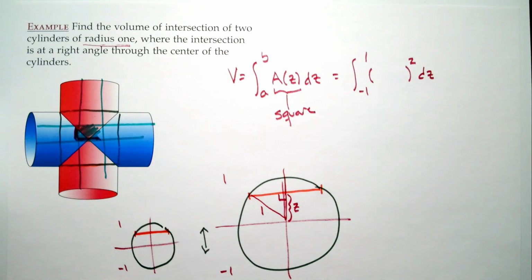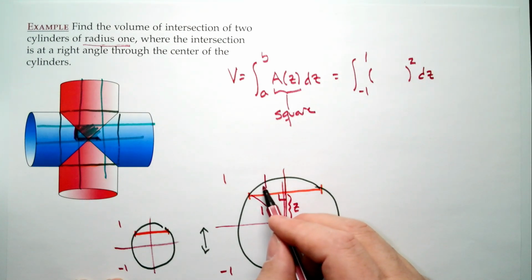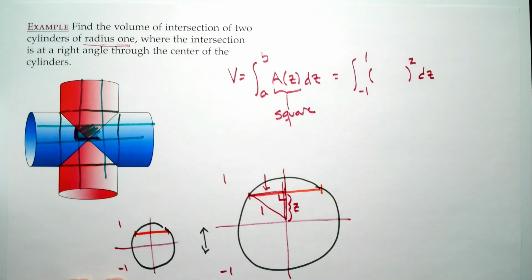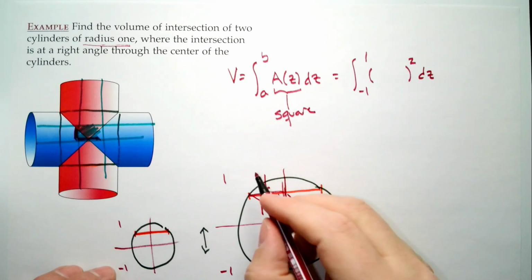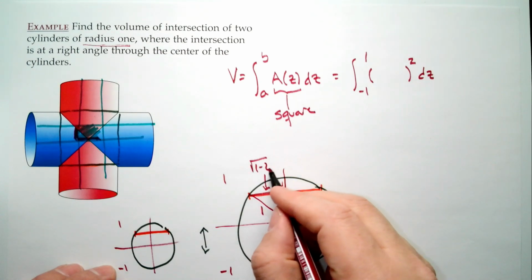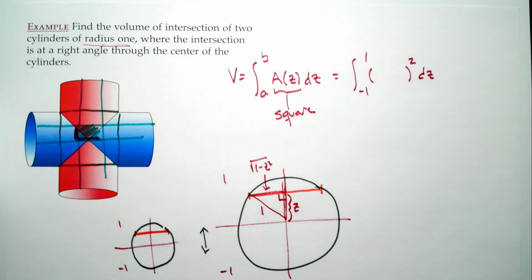So what's the length of this half? It's the square root of 1 minus z squared. Pythagorean theorem strikes again. It's a good tool. You should know it. Now that's halfway across.